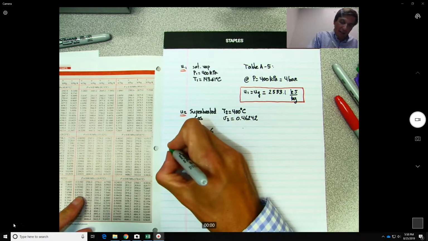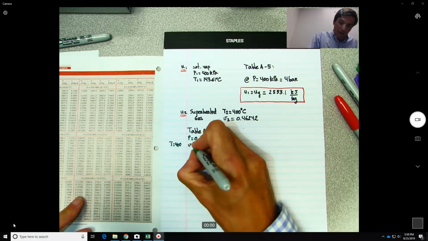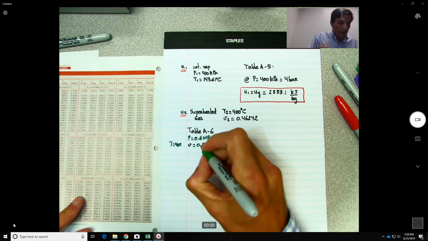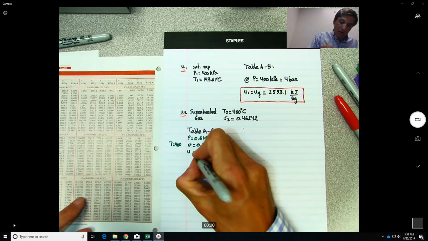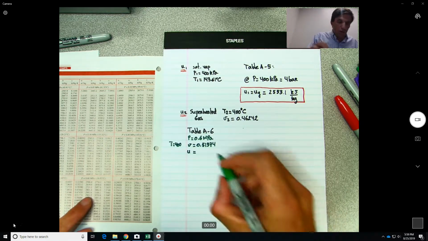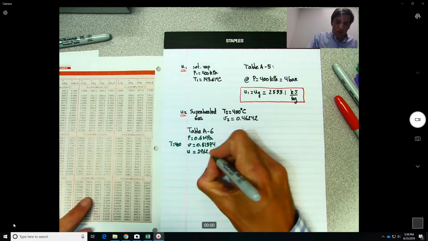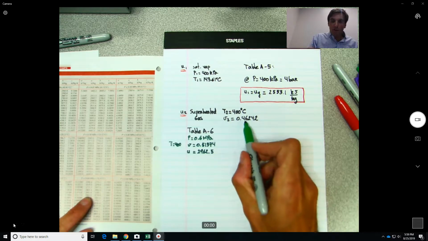We have that at T equal 400, V is equal to 0.51374, and U equal to 2962.5. Okay, but we're looking for the 0.46.